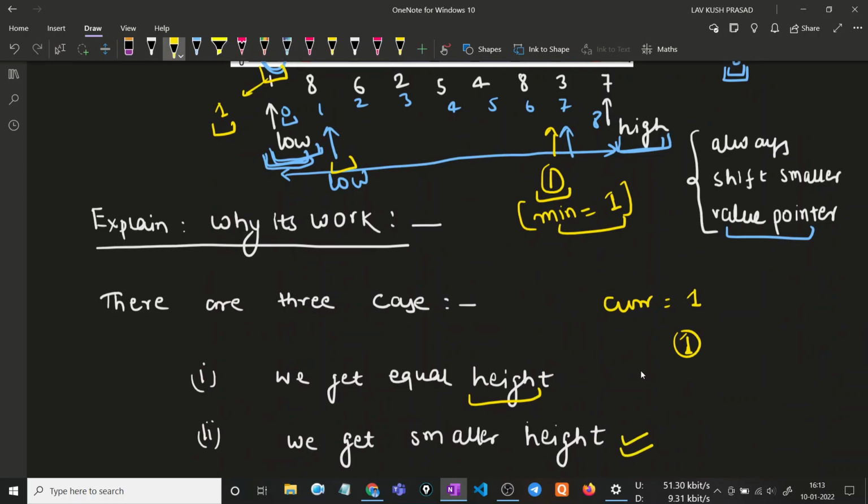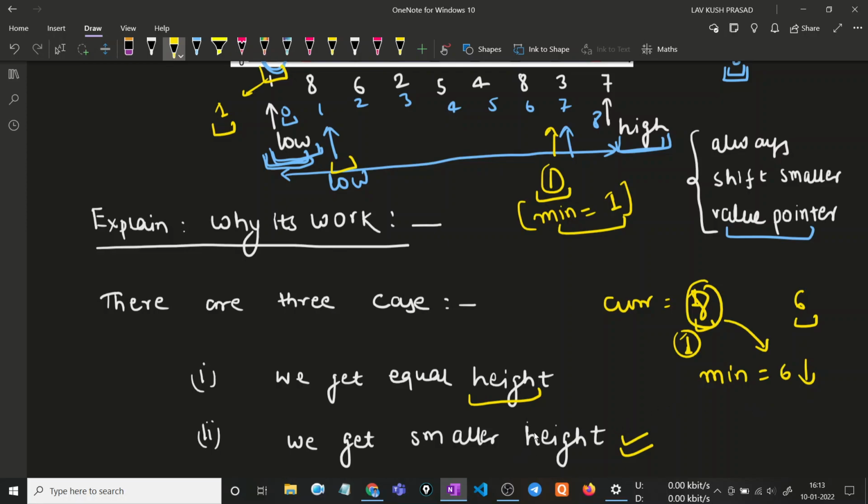And the other case is where we get a smaller height. Suppose the current height is 8, and we get a height equal to 6. Because we take the minimum, the overall height is 6, reduced from 8 to 6, so our result will be reduced.